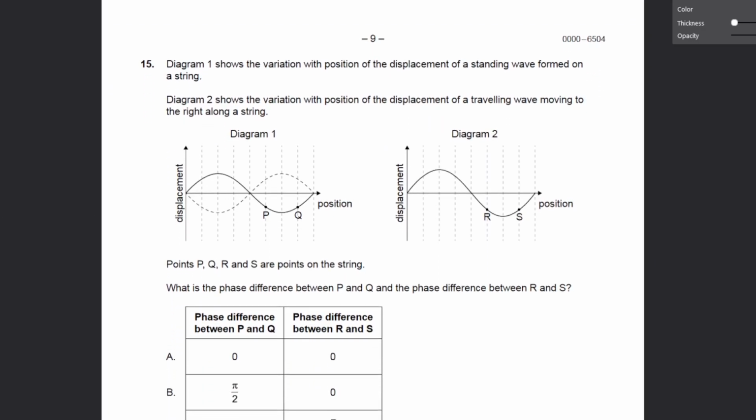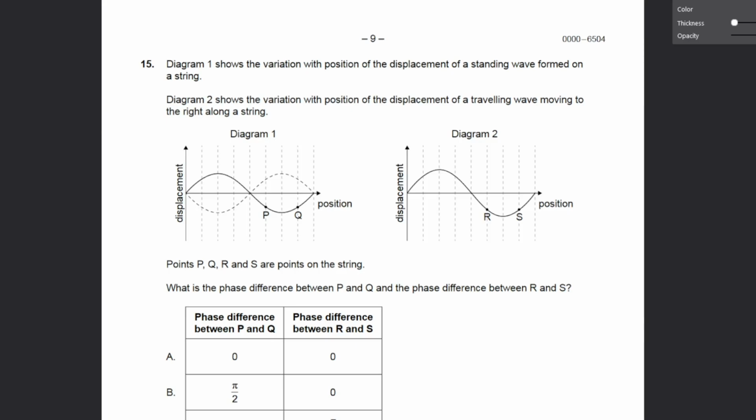All right, question 15. Diagram 1 shows the variation with position of the displacement of a standing wave formed on a string. Diagram 2 shows the variation with position of the displacement of a traveling wave moving to the right along a string. Points P, Q, R, and S are points on the string. What is the phase difference between P and Q, and the phase difference between R and S?